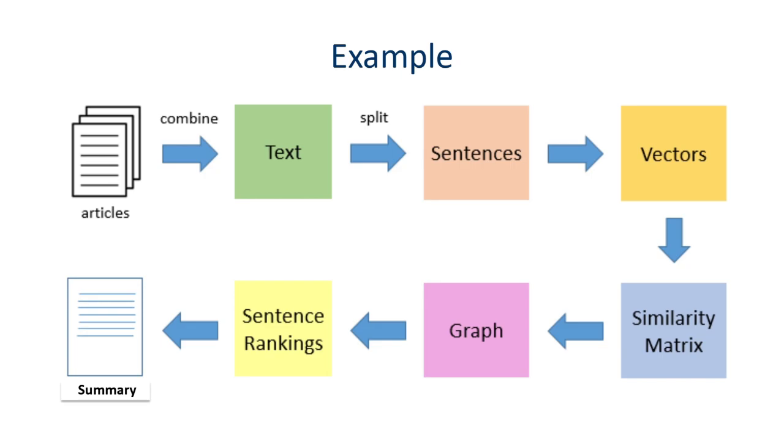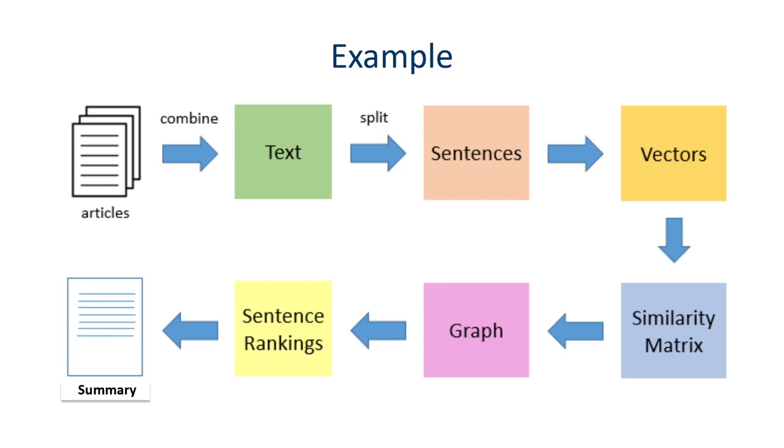The result is a matrix that tells us which sentences are most related in terms of meaning. For example, if two sentences talk about the same topic, their similarity score will be high. This matrix becomes the foundation for the next step, that is, constructing a graph.